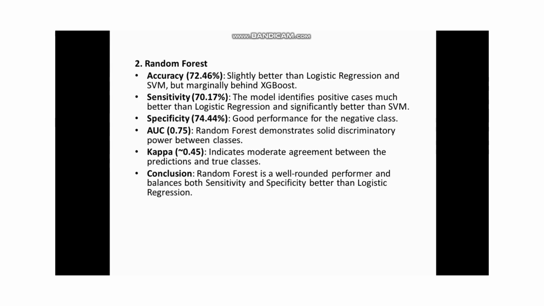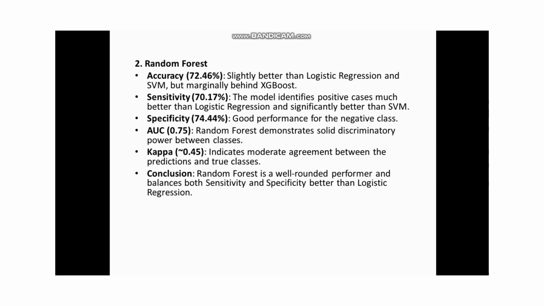The model identifies positive cases much better than logistic regression and significantly better than the support vector machine. For the specificity, we have 74.44%, which implies a good performance for the negative class, and the area under the curve is about 0.75. So the random forest demonstrates solid discriminatory power between classes.